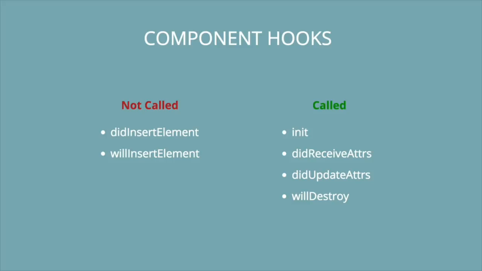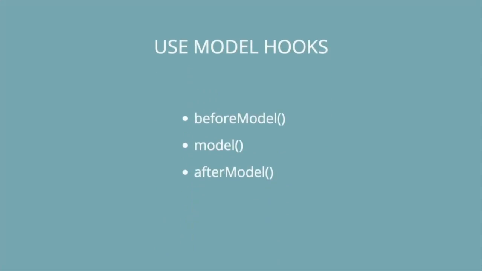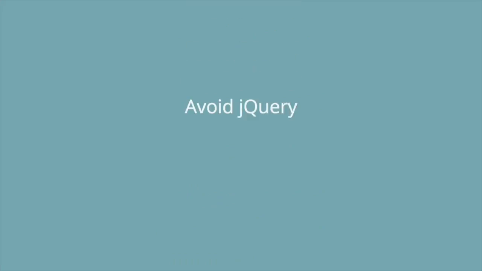Are there other general fallback strategies you can deploy? Yes, kind of. There's a FastBoot service, which I'm going to talk about in a second, that allows you to check whether you're in the FastBoot environment. So you can conditionally say, I do want to load this jQuery thing, or I don't want to.